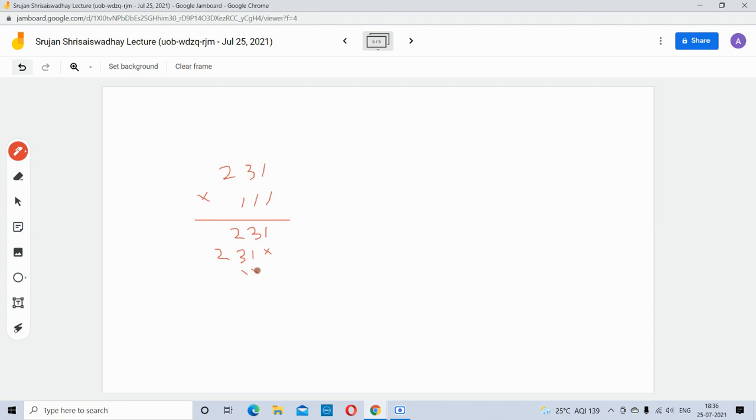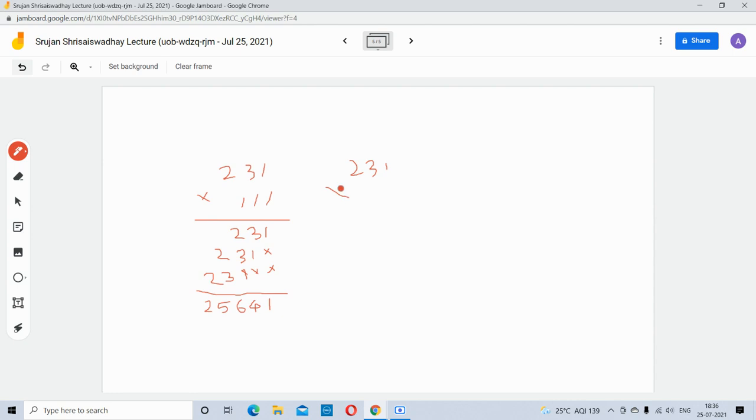Again, you leave the second place and you are going to add 231. So your answer comes out to be 2, 5, then 3 plus 3 is 6, this is 4, and this is 1.